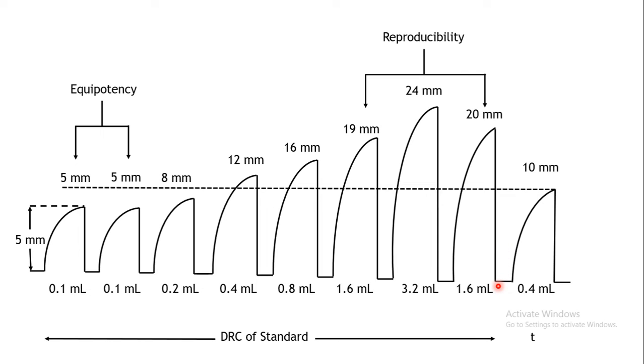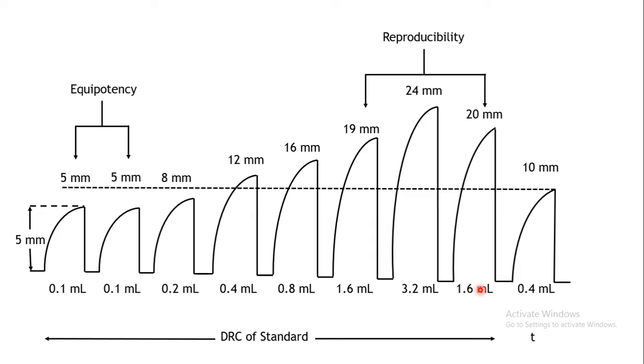So this completes your DRC of standard. Thereafter you can record the doses of test. Ideally 2 doses of test are recorded and the average is calculated. Here I have just shown one response, of 0.4 ml, which is lying in between these doses of your standard.